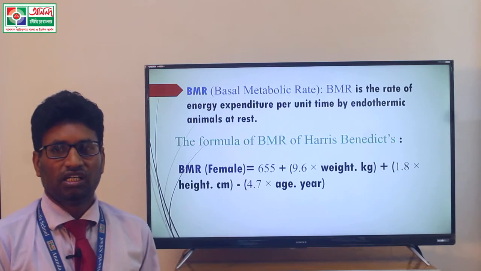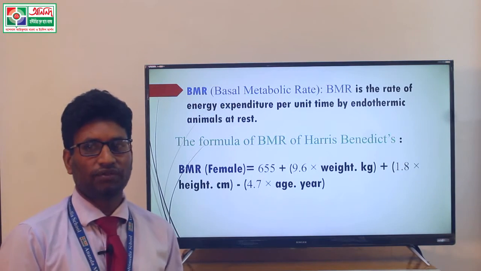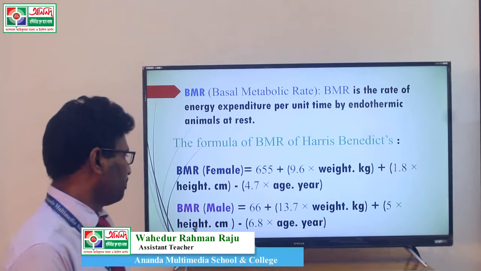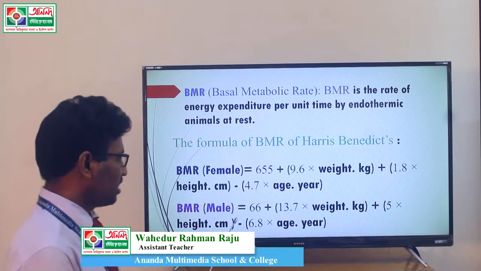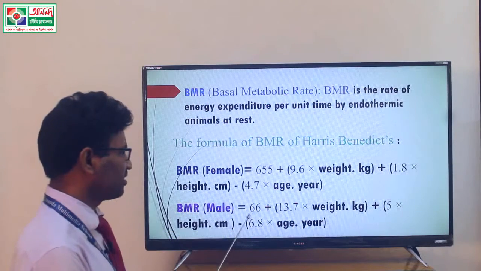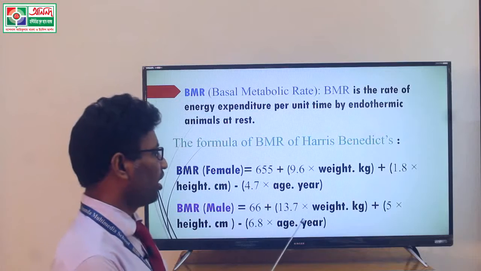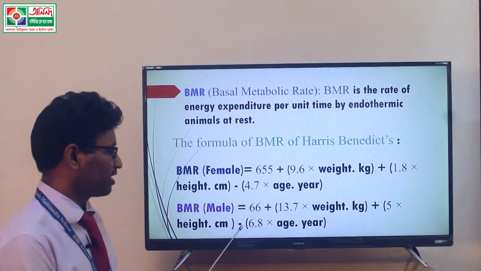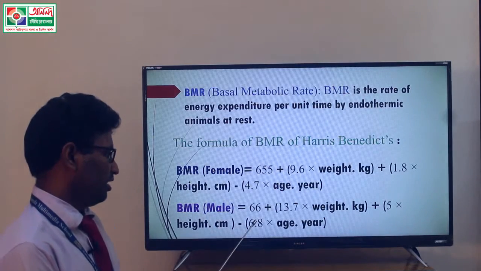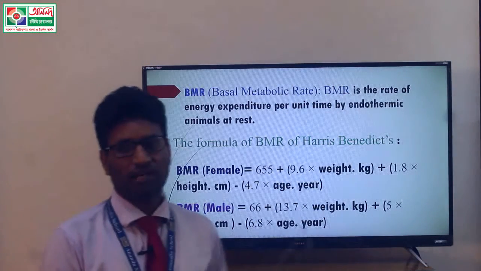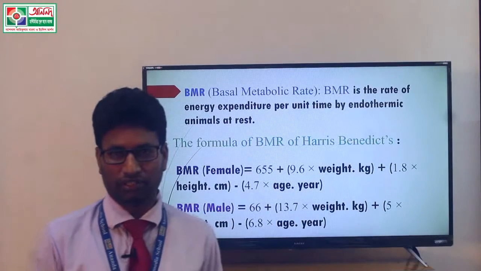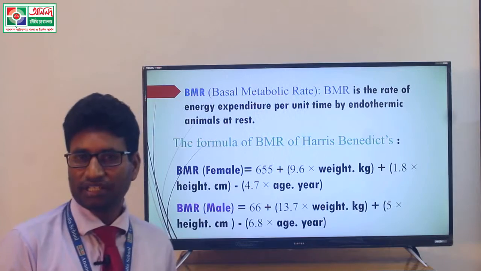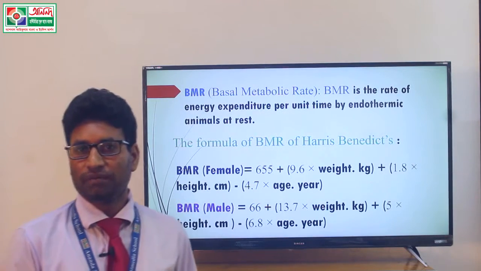This is the formula of BMR of female. And now BMR male: 66 plus 13.7 into weight expressed in kg plus 5 into height expressed in centimeter minus 6.8 into age in year. Through these formulas we can easily determine the value of BMR.